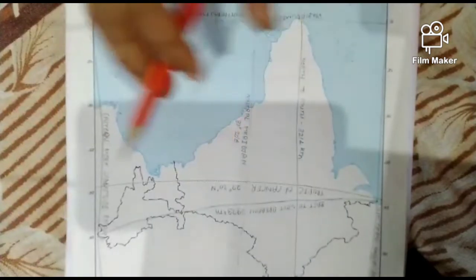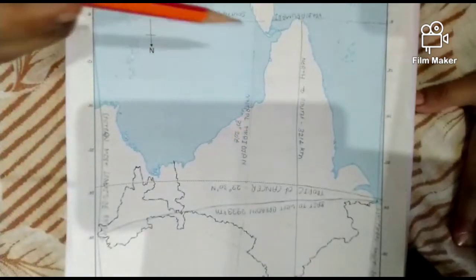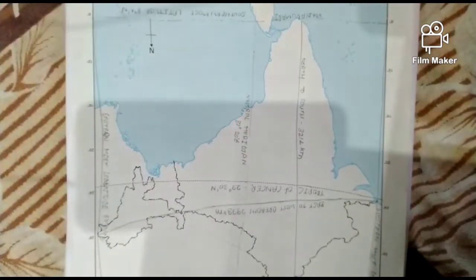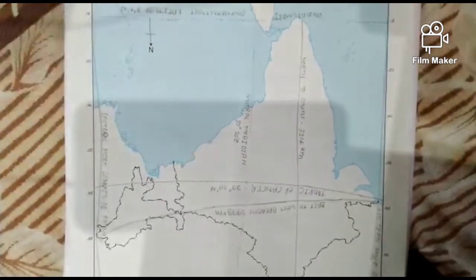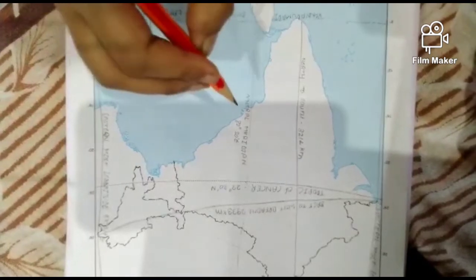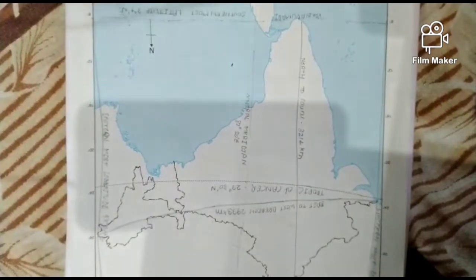The central meridian or standard time zone passes through Mirzapur in Uttar Pradesh, and its longitudinal extent is 82 degree 30 minutes east.